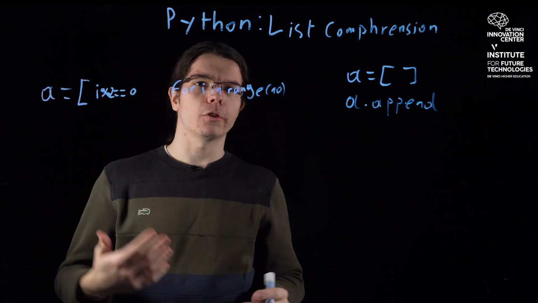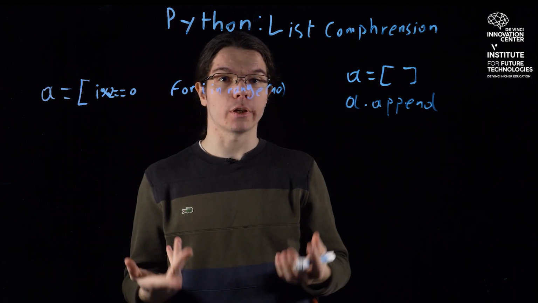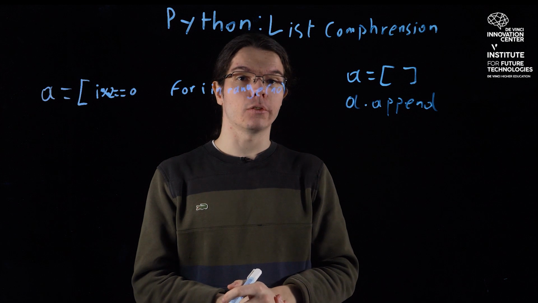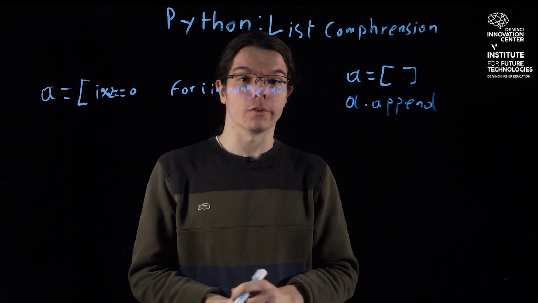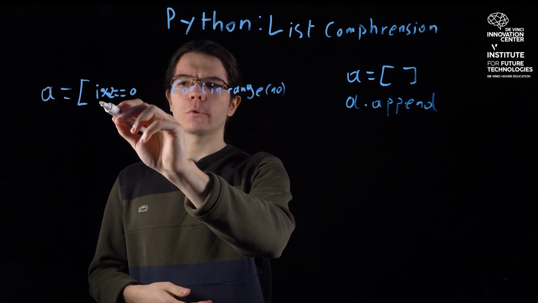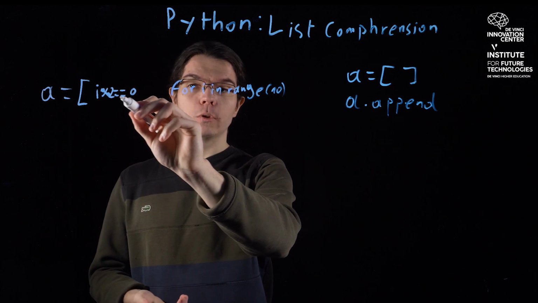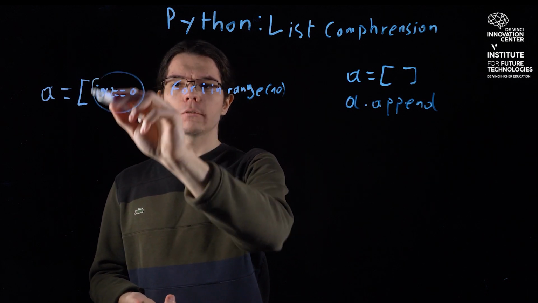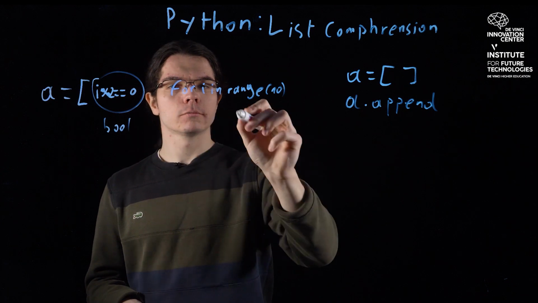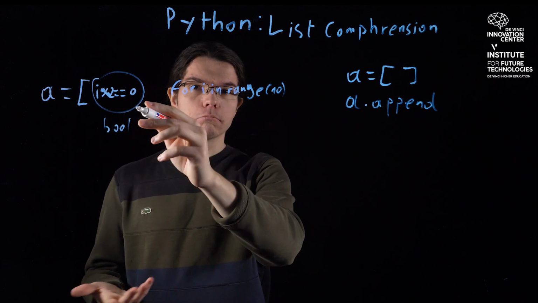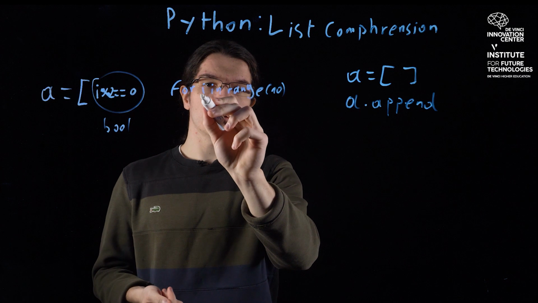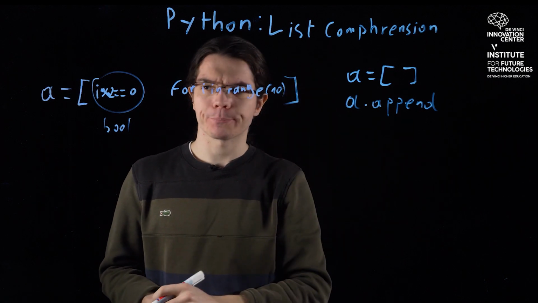And i % 2 == 0 means if the remainder is 0, the number is even. If the remainder is not equal to 0, the number is odd. And I'm going to say to Python, I want i % 2 == 0, so that's a boolean, that's a bool. And I want this syntax for all the i in range 10.